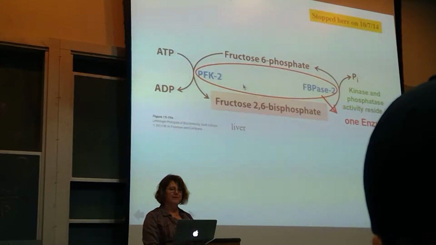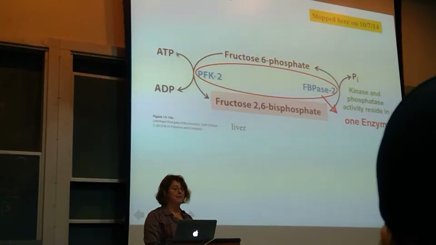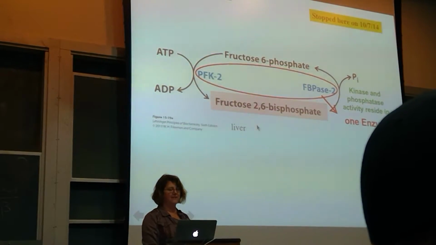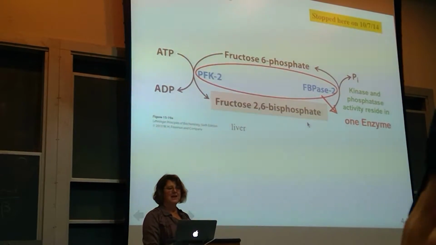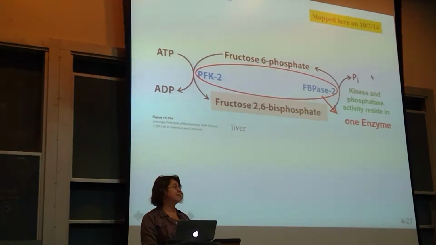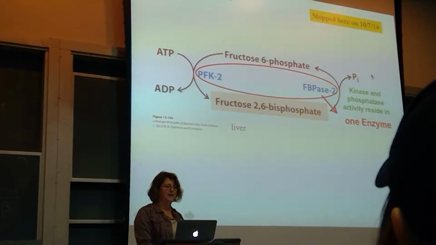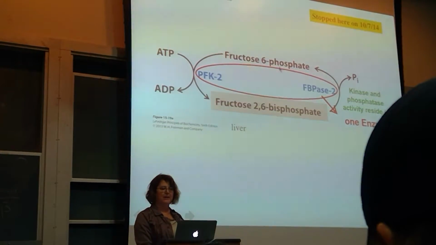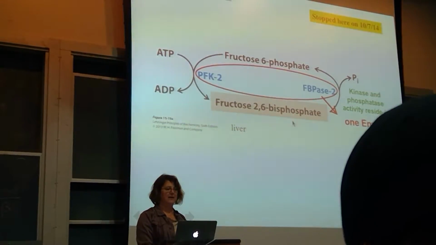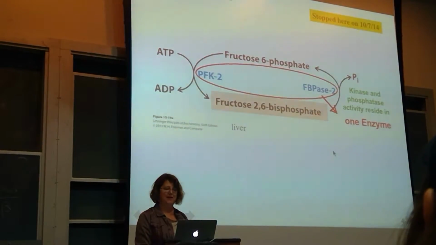So what's interesting about them is, right, the kinase activity. So whenever you see that kinase, you know it's adding, right, the phosphate, fructose 6-phosphate to fructose 2,6-bisphosphate. And whenever you have the phosphatase, you know it's removing it. So again, this is a theme that, once you know the language, you can figure this out yourself. So the key is, right, how do we control what's going to these different fructose 6-phosphate versus fructose 2,6-bisphosphate.